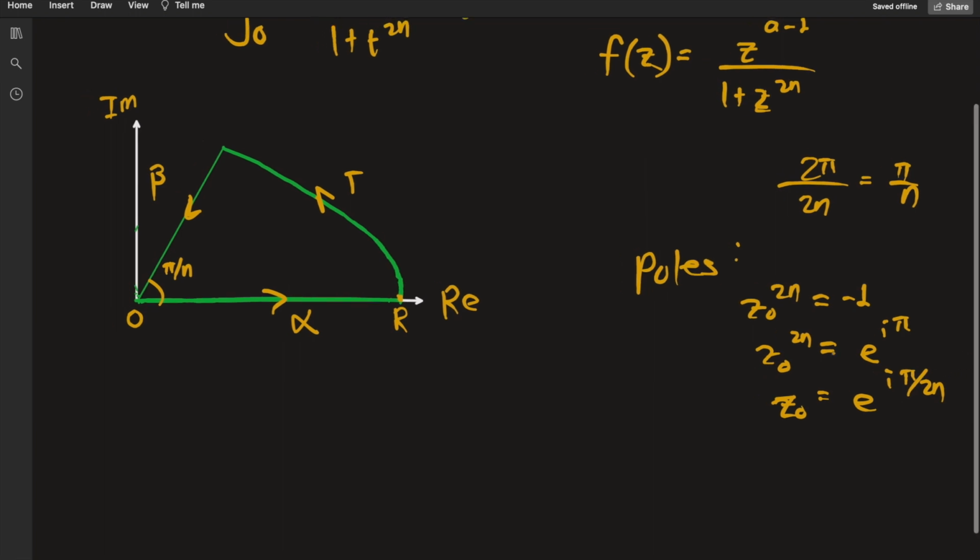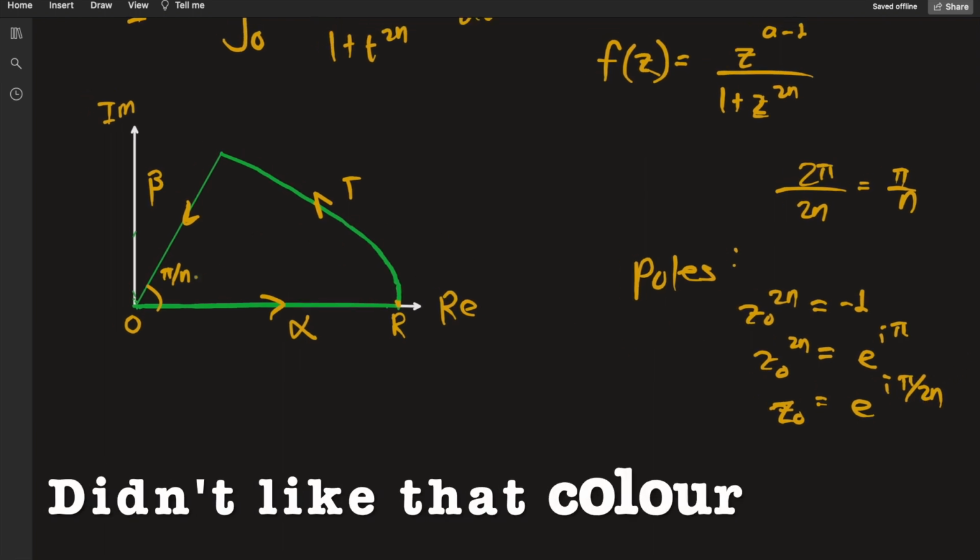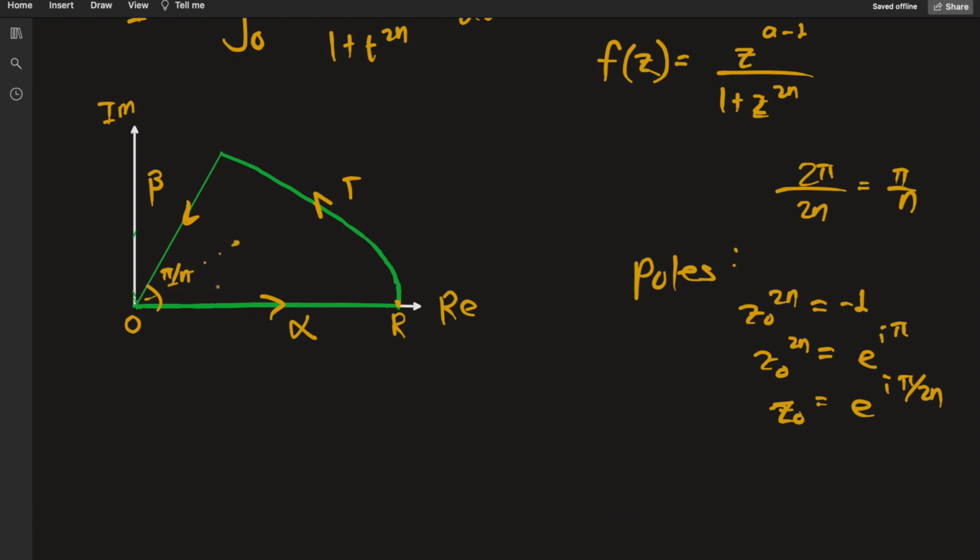So to be more general, we would need to add that. But the thing is, this point is actually going to be over here, which has a radius of 1 and subtends an angle of pi over 2n with respect to the real axis. It's basically going to be halfway in the contour.